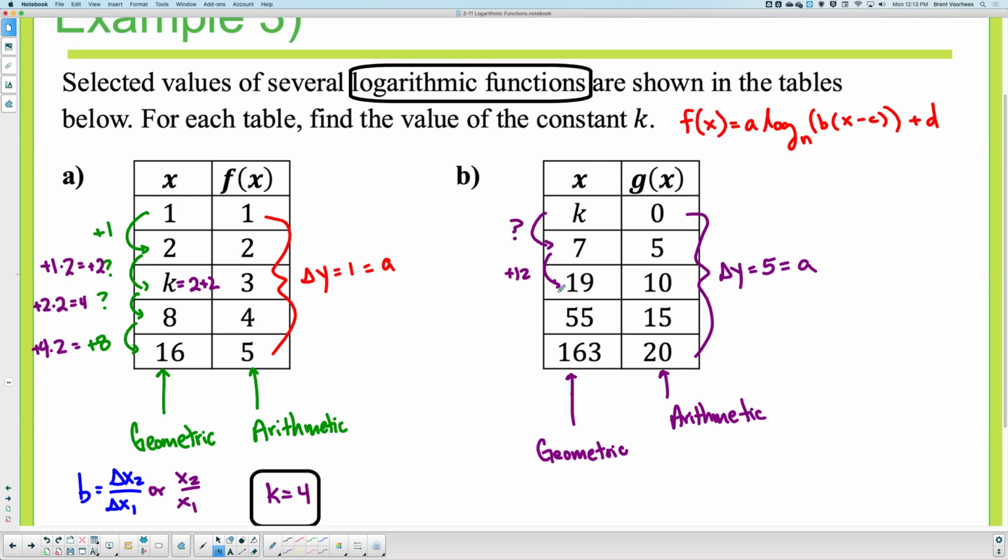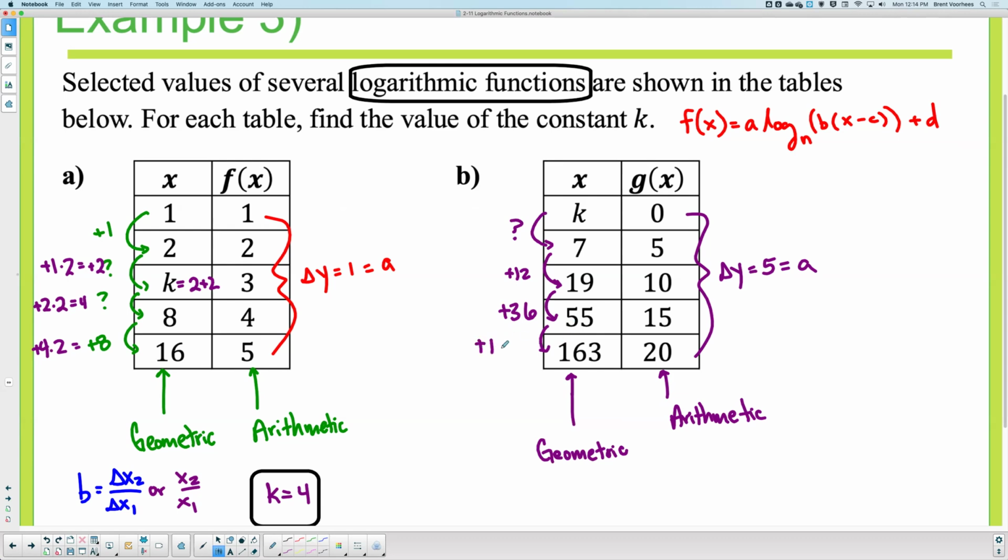Do plus 12. Does anybody know? Mental math chance here. From 19 to 55. The value is 36. And there's one more. I can tell it's going to be over 100.